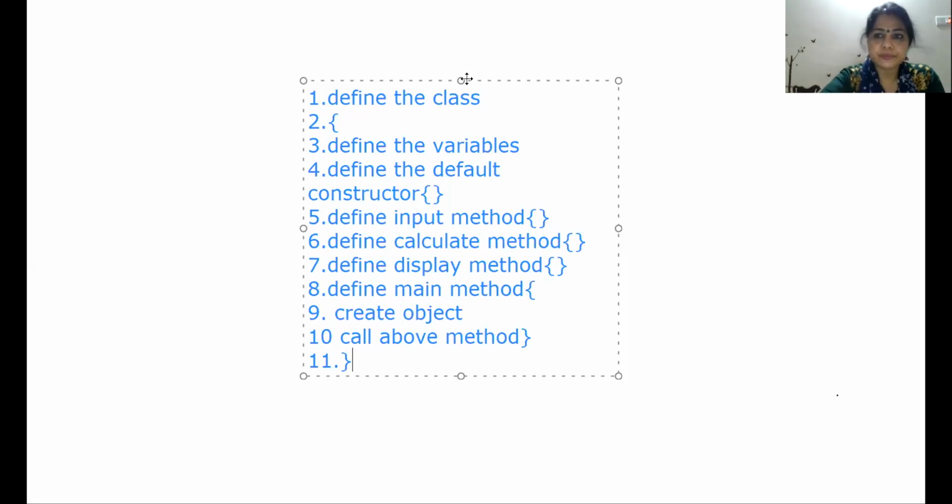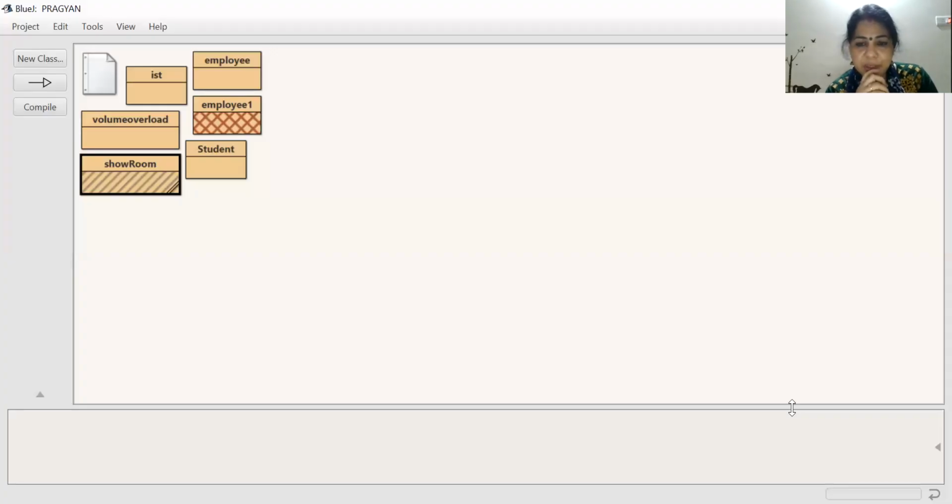Just look here. I have already written the program for you, and I will just explain it. My program is here. You see, the name of the class is showroom. Remember that whatever name is given for the class, you follow that name only.